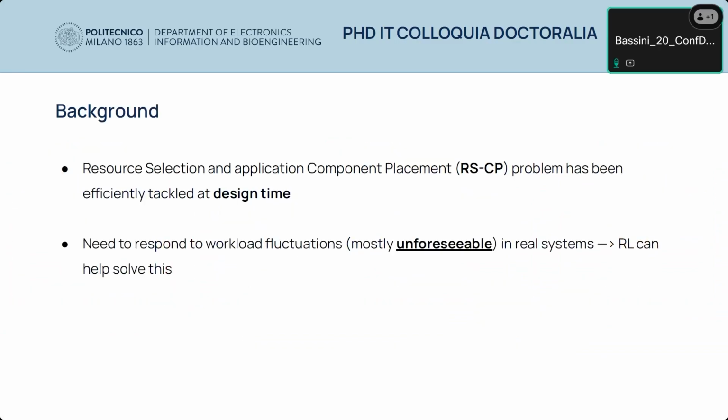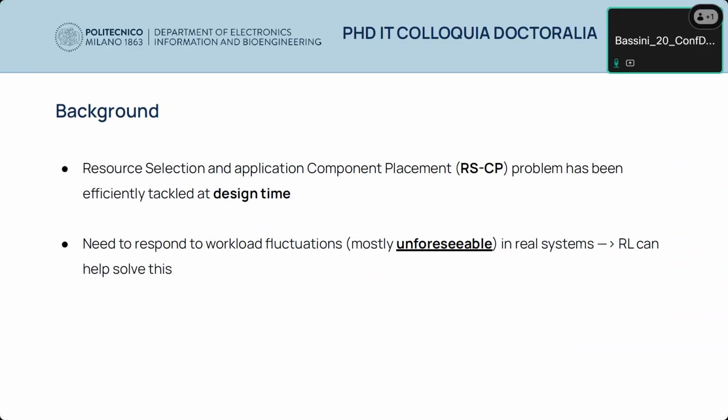So again, as we discussed this morning, this problem is called resource selection and application component placement, and it's been solved at design time very efficiently. In fact, at design time, we have a complete overview of what the computational loads are and what the computational capabilities of each VM, of each computational layer, are.